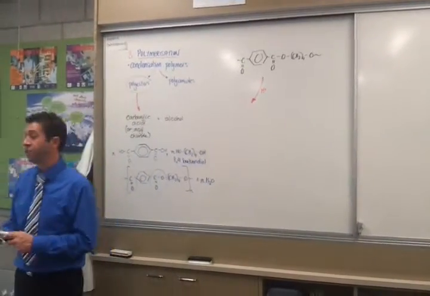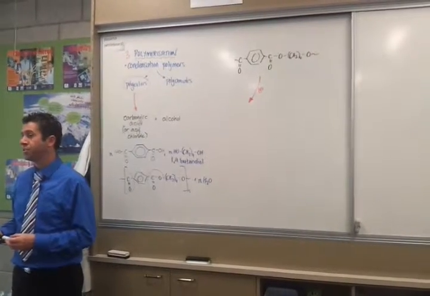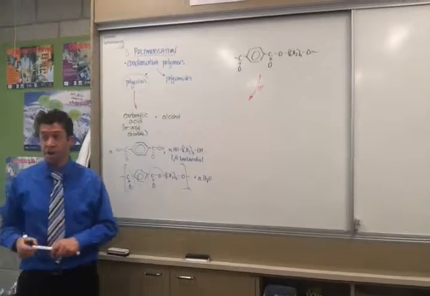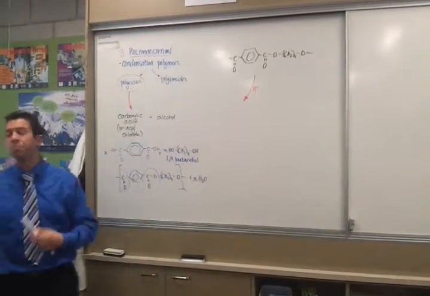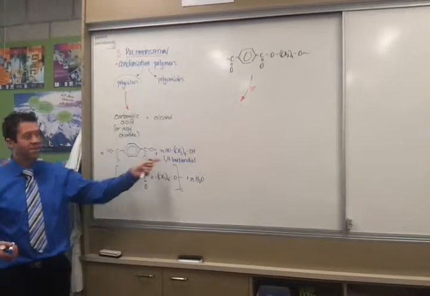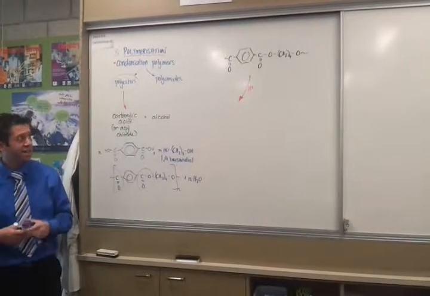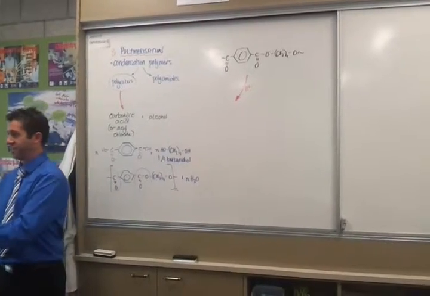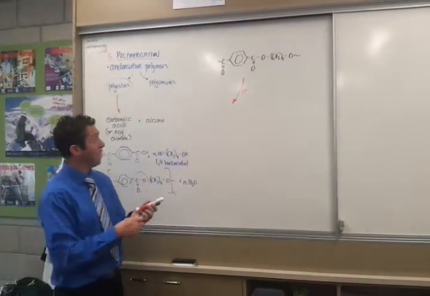What will an acid do to an ester? We used this word yesterday or the day before. Hydrolyze it, so hydrolysis. So it's going to break the ester bonds up. So it's going to turn them back into the monomers that we started with. Under acidic conditions, it does exactly that. So you're just going back to the monomers.